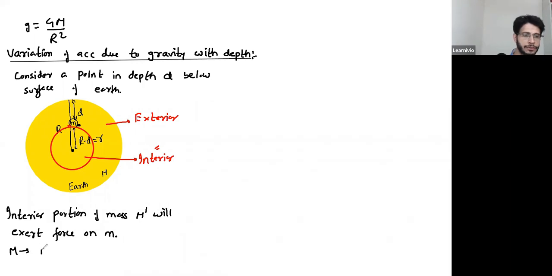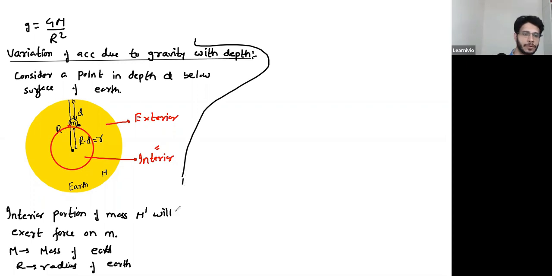M is mass of Earth. R is radius. Okay, so acceleration due to gravity, value of acceleration.